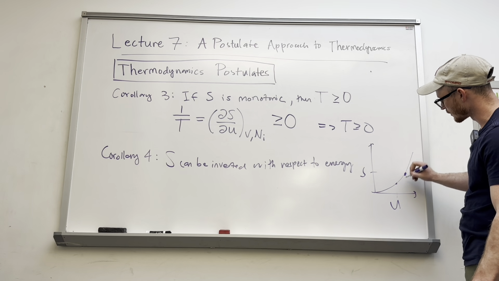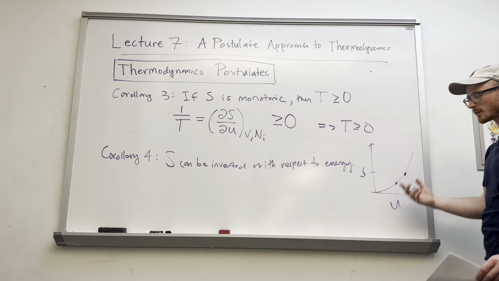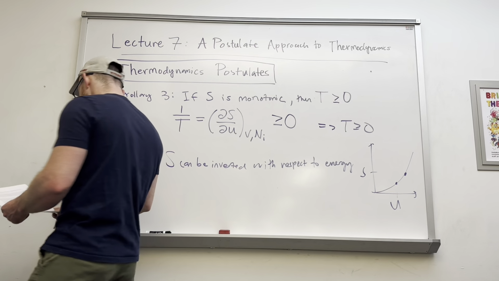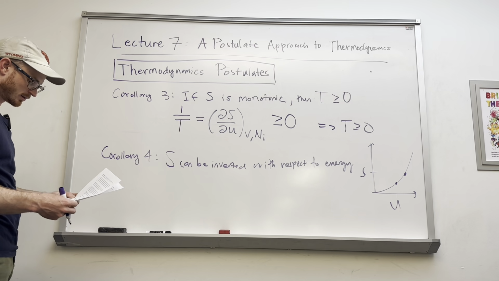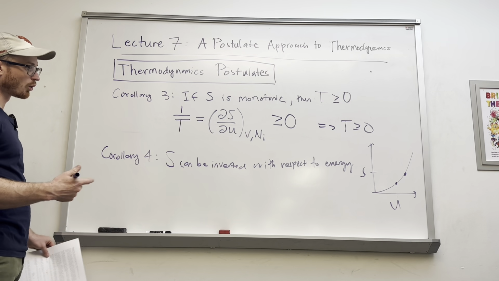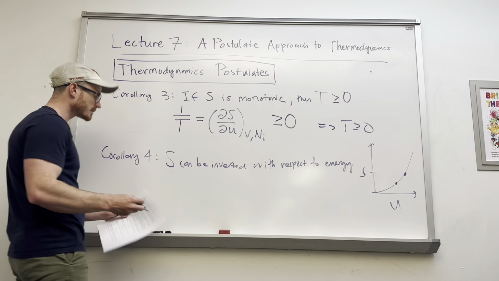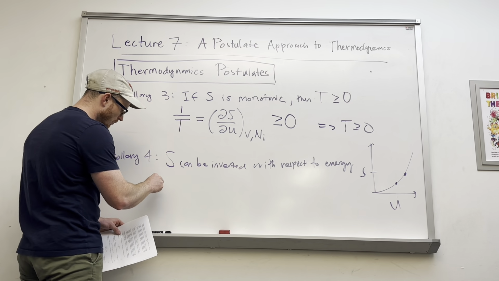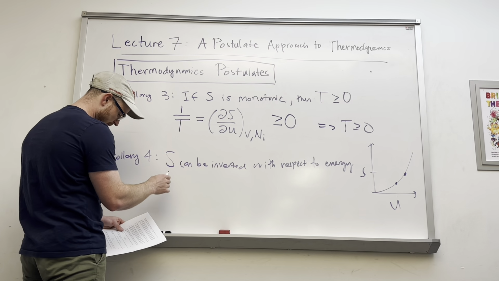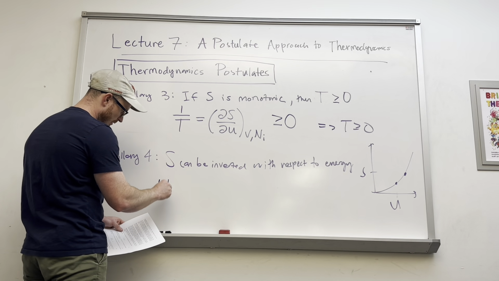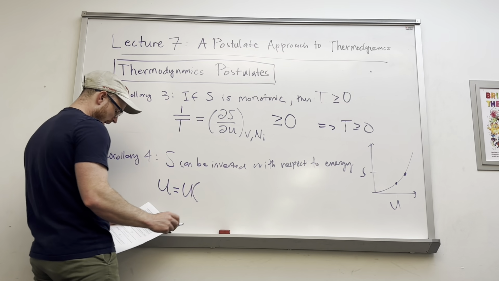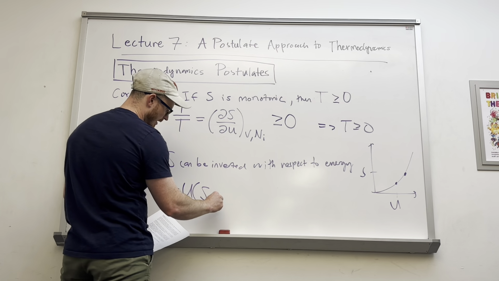That means if you invert it, that the inverse is a function, right? And not only is there an inverse, but because we have the continuity and differentiability of S, U, right, or this inverse, is a differentiable and continuous function of S, V, and N.